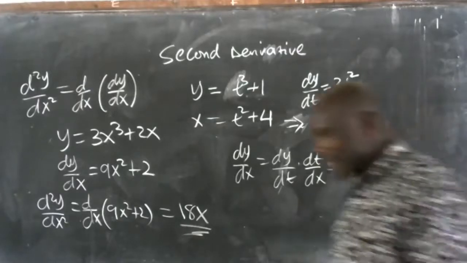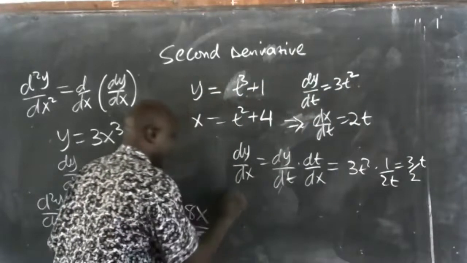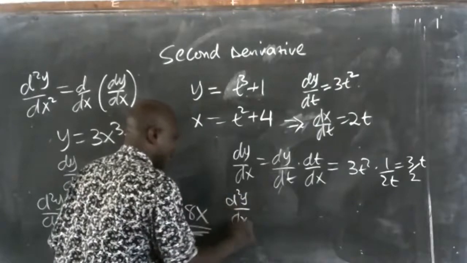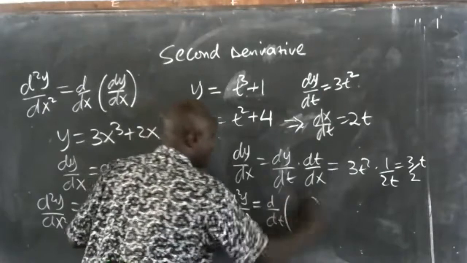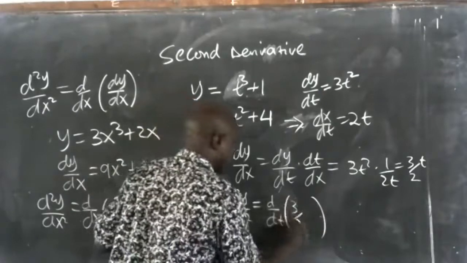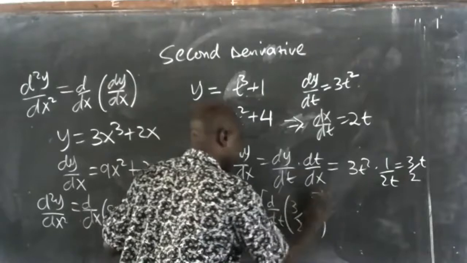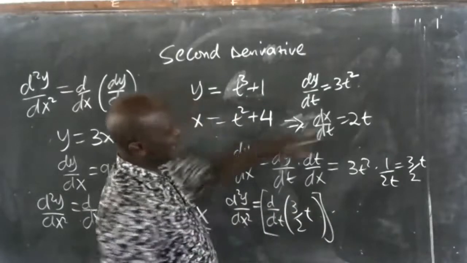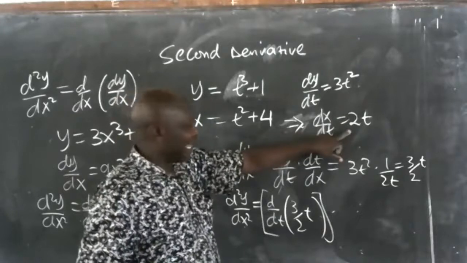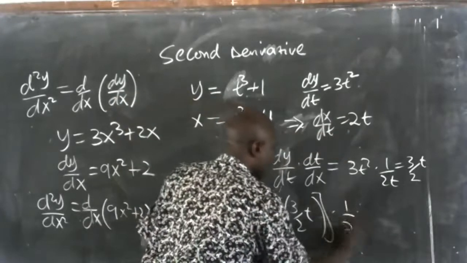If they want us to find the second derivative, d squared y by dx squared, I now say d/dt of our dy/dx, which is 3t over 2. But after doing this, I multiply my answer by dt/dx, which is the reciprocal of dx/dt, which is 1 over 2t.